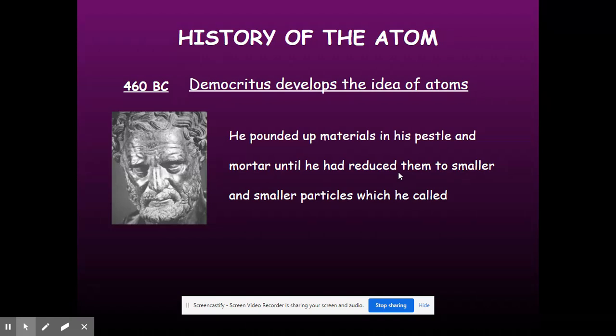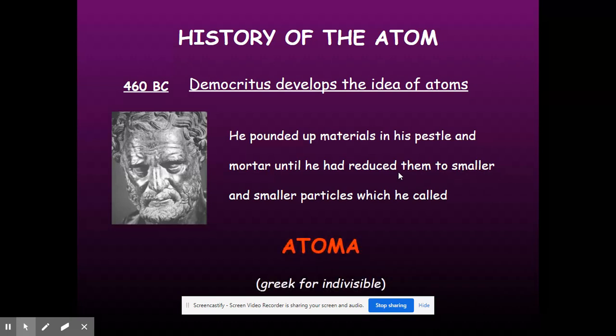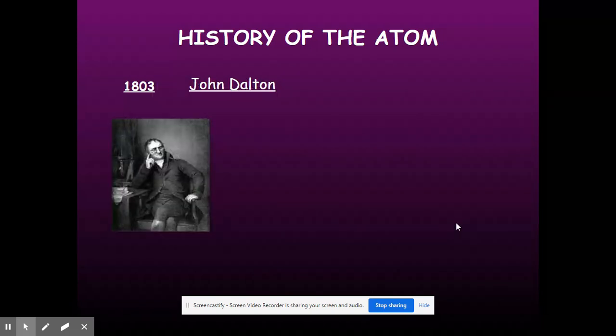Reduce it smaller and smaller. Now, he called those smaller pieces atoma, Greek for indivisible. That means it cannot be cut. So an atom is the smallest possible piece of matter that still has its properties that cannot be divided any further. There's no such thing as a sugar atom. We'll talk about that in a little while.